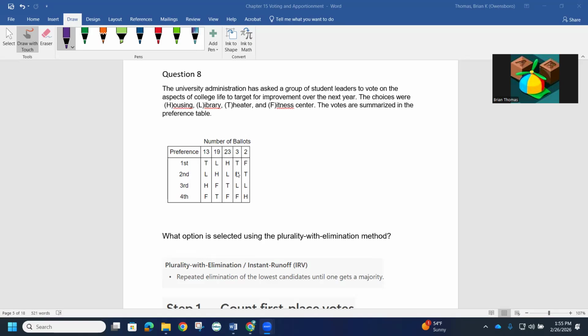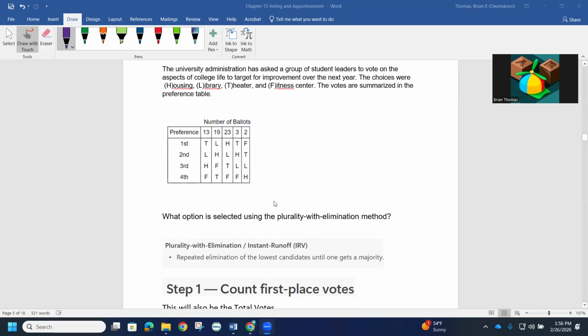Just by looking at that, it looks like housing falls in play, where fitness is down at the bottom. Nobody really is interested in fitness as an improvement. They're okay with the fitness centers on their campus, or they prefer to go off campus for their fitness centers.